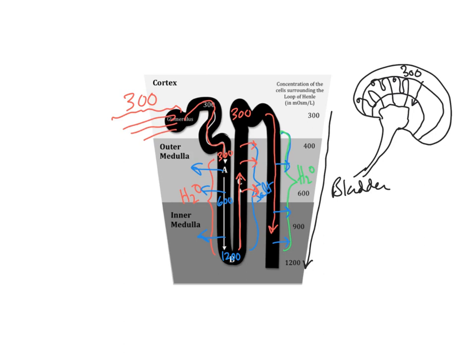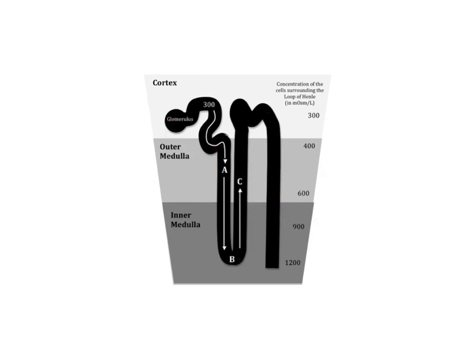Let's look at what happens in Peter. Okay, so in Peter, when his blood is coming in, because he didn't have any insulin and none of the sugar was being removed from his bloodstream, he has a whole bunch of sugar coming into here. So it's at 1600, holy cow, when it enters the glomerulus. And so 1600 is way hypertonic to the 300 that's surrounding it, all right?